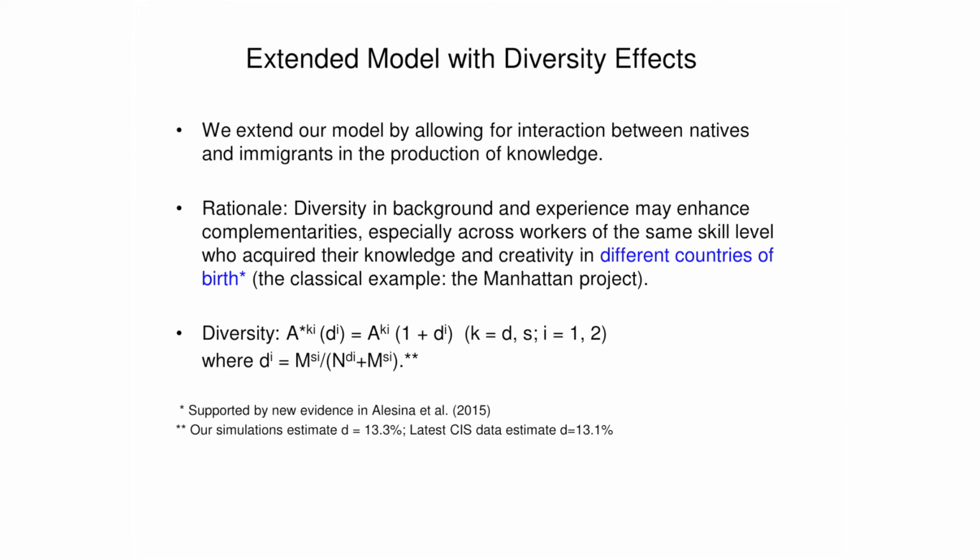Now, there is a new paper by Alesina et al. that I think is just out of print. And I saw that, of course, after producing a draft of the paper, that actually indicates that this is their major finding: that there are diversity effects, they're quite high, and they have very little to do with ethnicity, and even less to do with language.